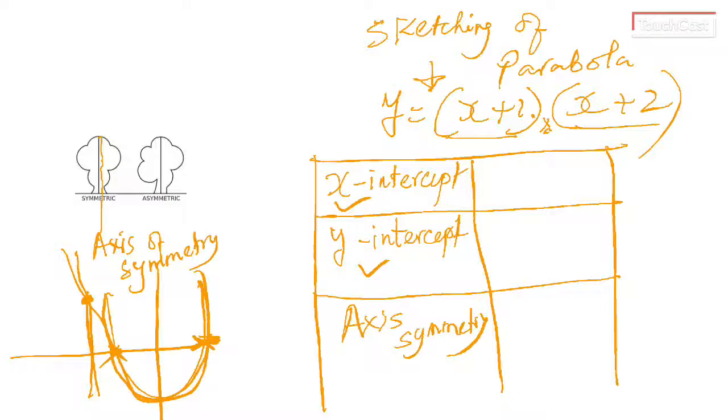The reason we've got to find it out is that if we can work that out and think of the axis as an extended line, it is going to cut the vertex of the parabola, which is this one. And if we can find that, we can find out something called the turning point.